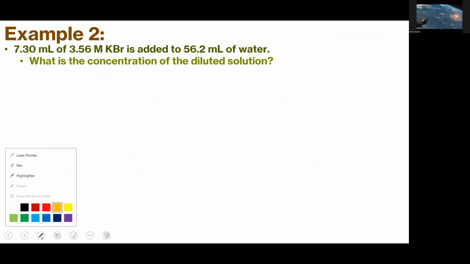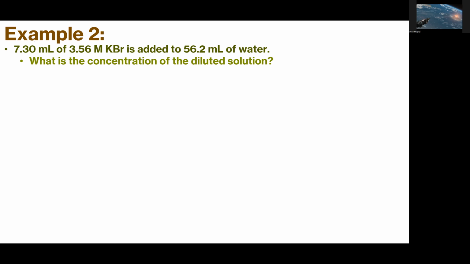All right, so here we go. 7.30 milliliters of 3.56 molar KBr is added to 56.2 milliliters of water. What is the concentration of the diluted solution? The first thing I want to do is look at this and say, where are the things that go together?